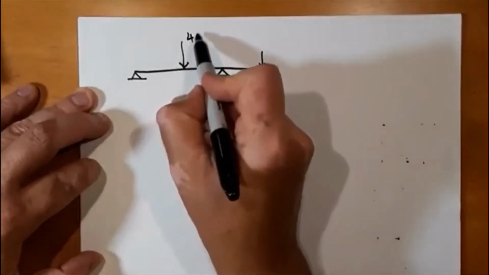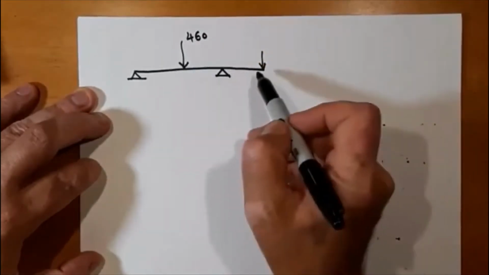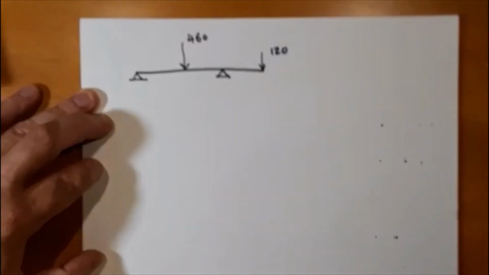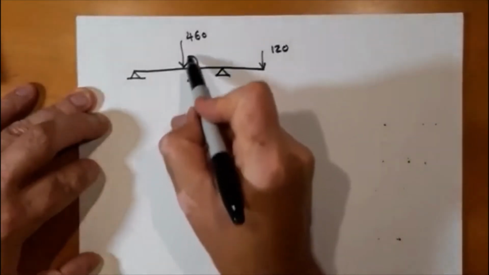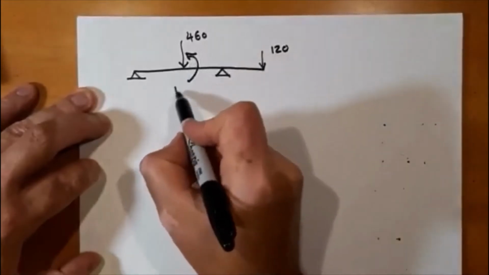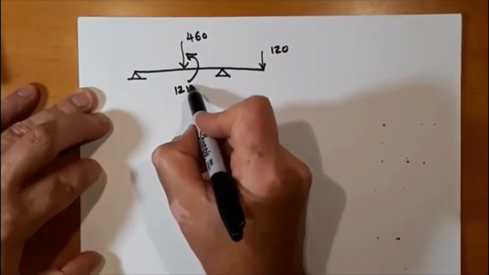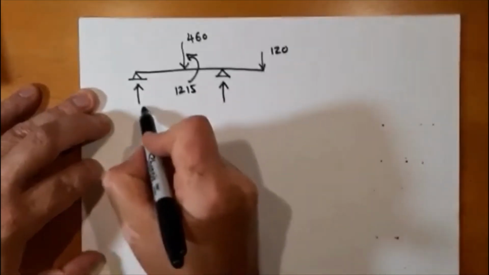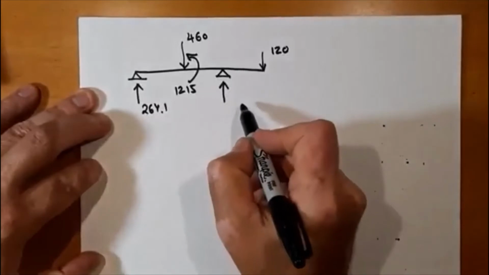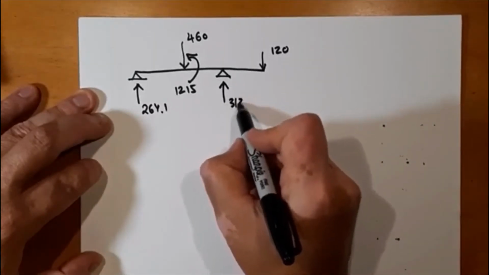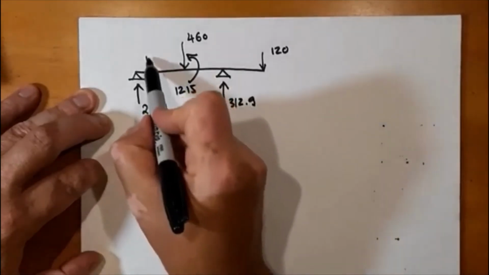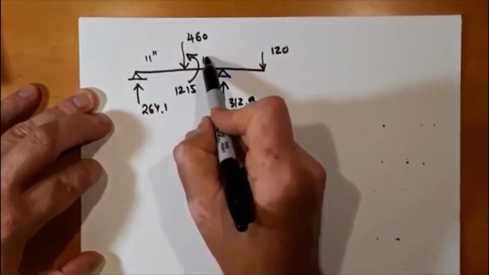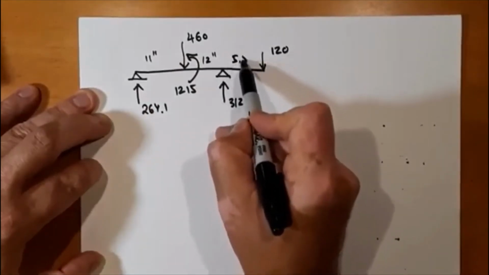This is 460. We're going to ignore the axial load, although that has an effect in reality. And then I have the moment, 1215. Okay, you know these: 264.1, 312.9, 11 inches, 12 inches, and 5.5 inches.